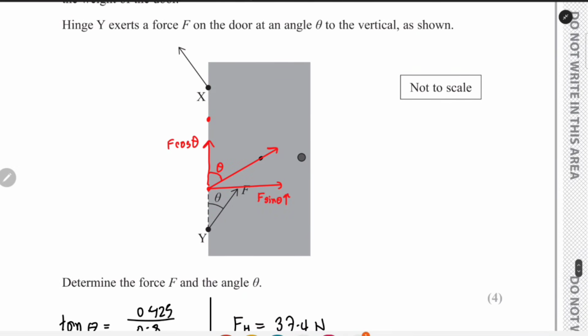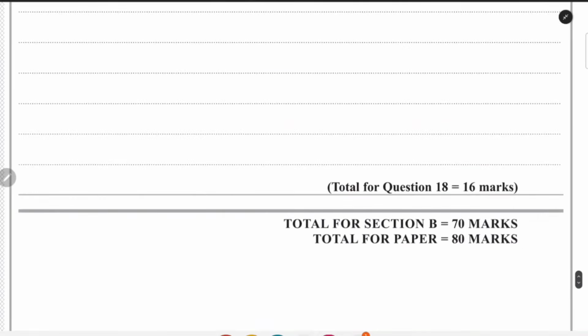We have to keep the same value of F cos theta with a lower value of cos theta. So F cos theta is constant and cos theta becomes smaller. So if cos theta becomes half of what it used to be, the force must be twice of what it used to be. That's it for this paper.